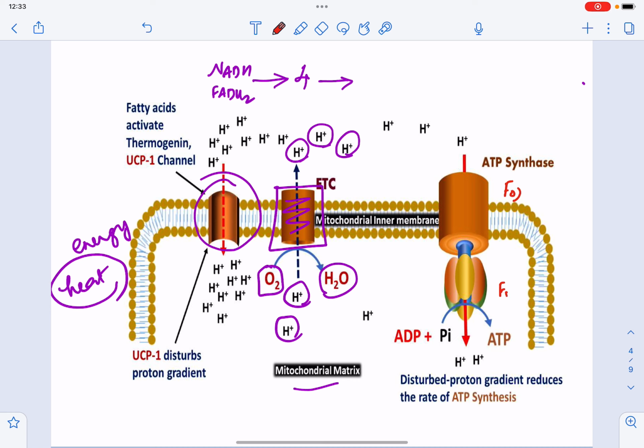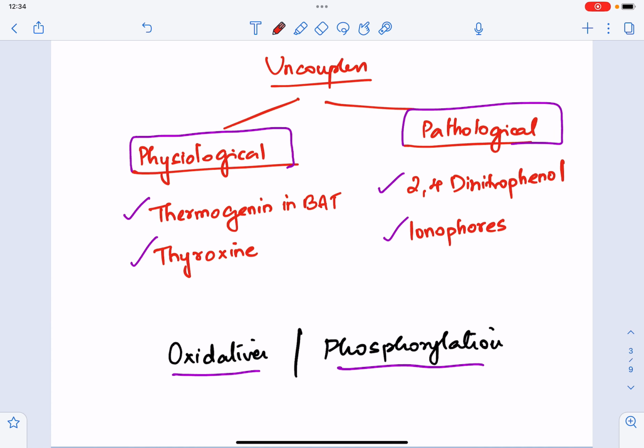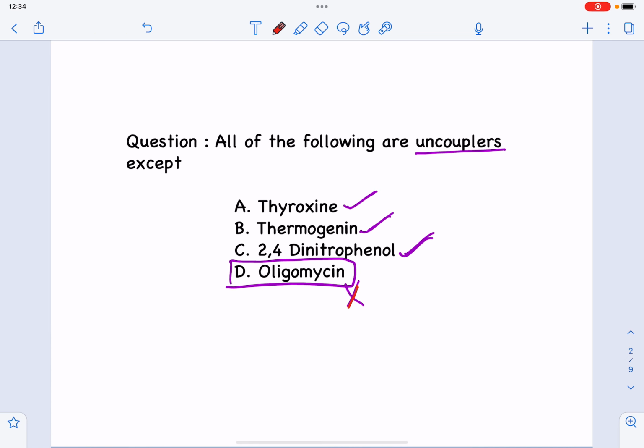The O stands for oligomycin. Oligomycin inhibits the FO component of the ATP synthase complex, thus it inhibits ATP synthase. It is not an uncoupler, it is an inhibitor of the ATP synthase complex.